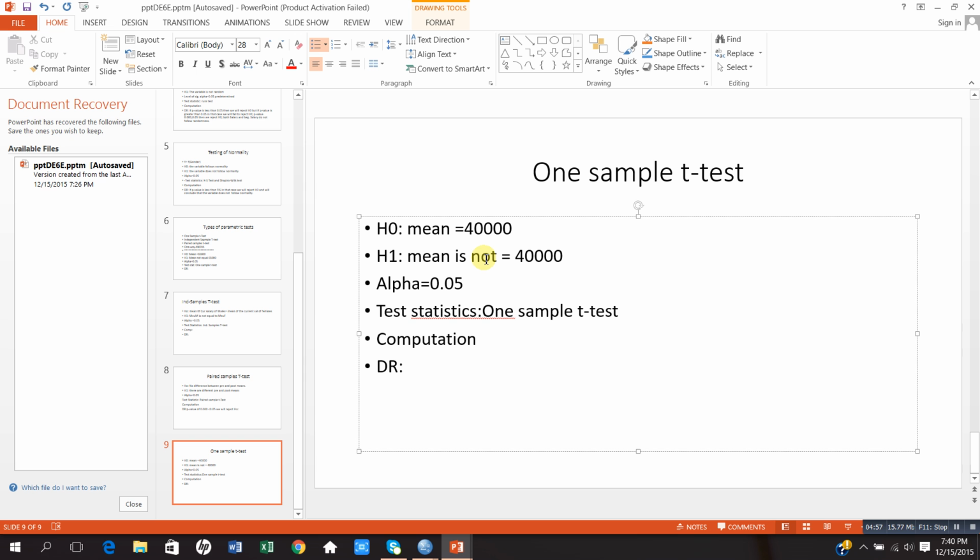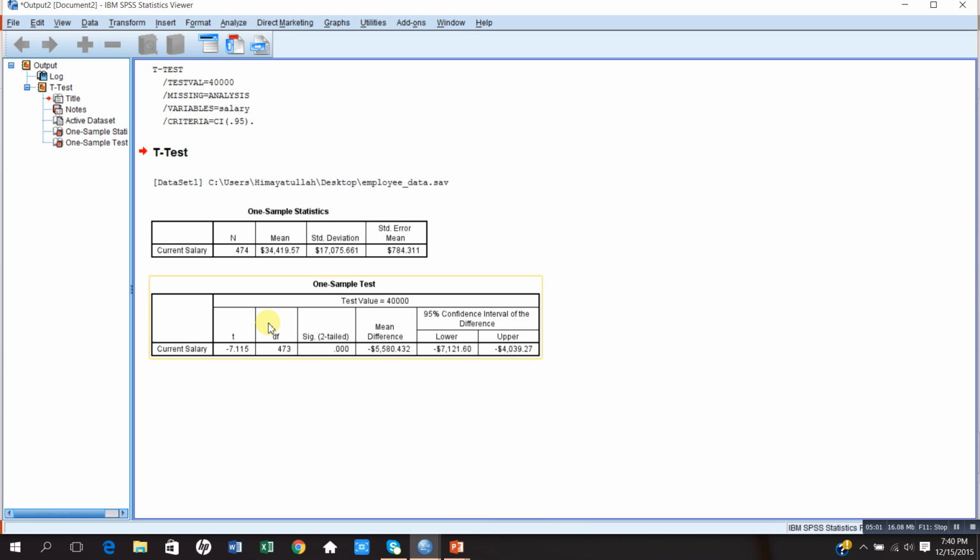So if you see here, the p value is 0.000, which is less than 5%. So we will reject null hypothesis and we will conclude that the mean is not equal to 40,000 because the actual mean here is 34,420 and our given mean was equal to 40,000. So there is difference.